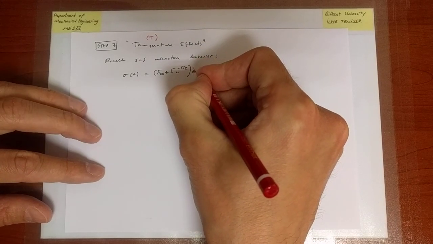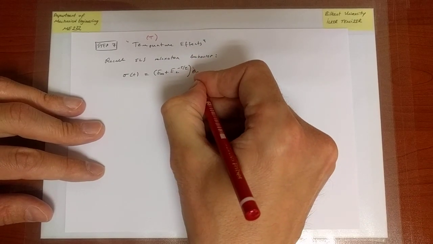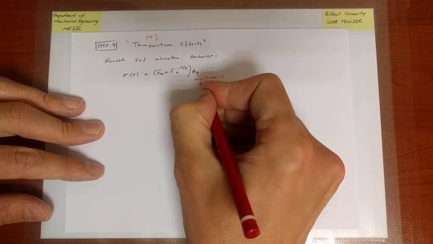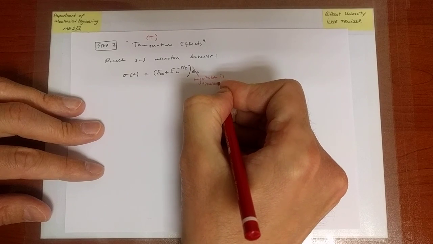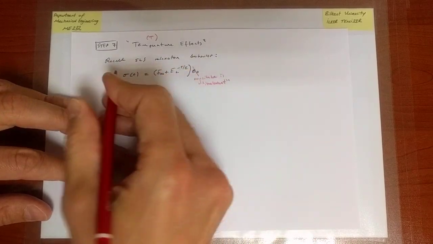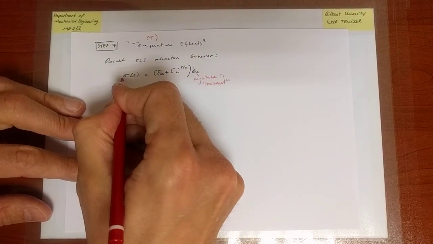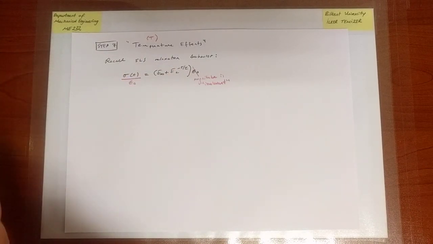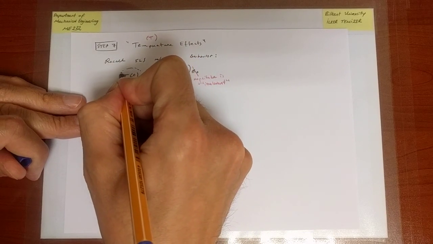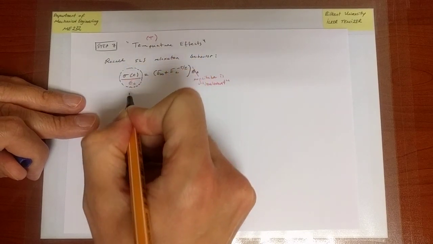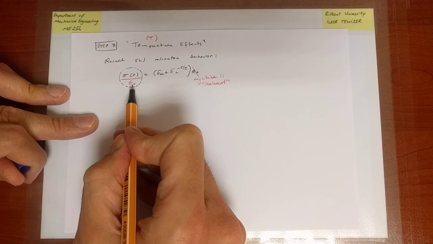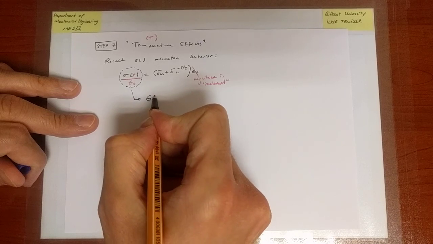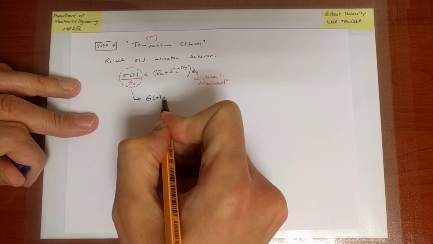So I'm just going to divide through by epsilon 0, because the magnitude is irrelevant. Irrelevant to what? Irrelevant to the time variation. I'm going to call that ratio, in other words, the ratio of the stress variation to the amount of constant strain imposed, a function g of time, obviously.